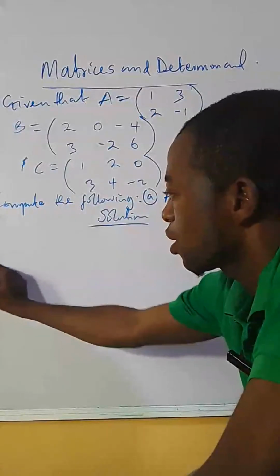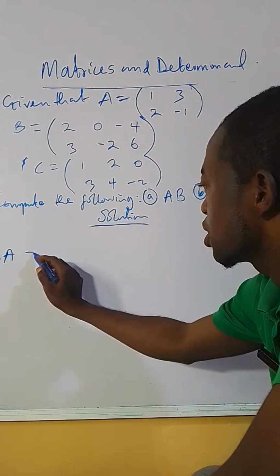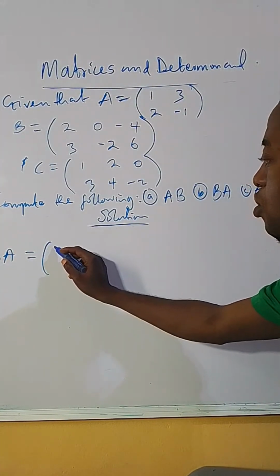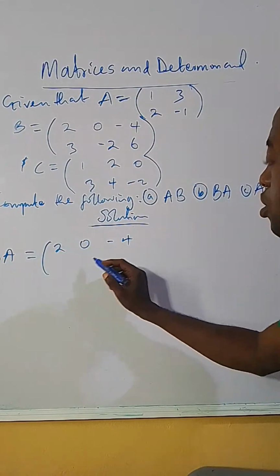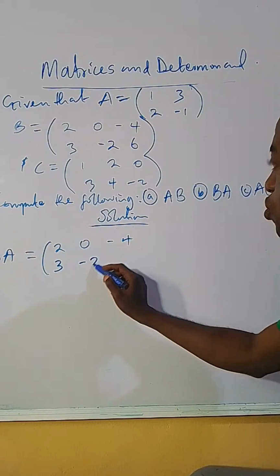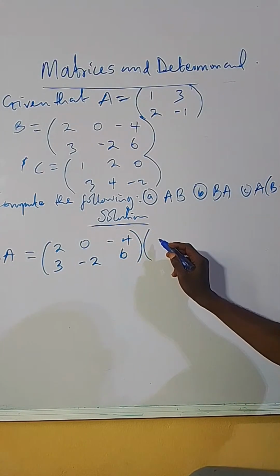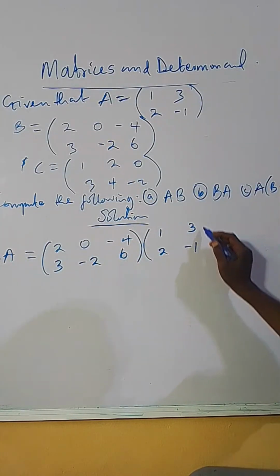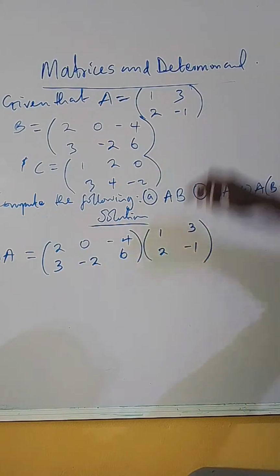Here we are going to have B times A. We write B first: 2, 0, minus 4, 3, minus 2, 6, times A, which is 1, 3, 2 minus 1. Okay, that's B times A.